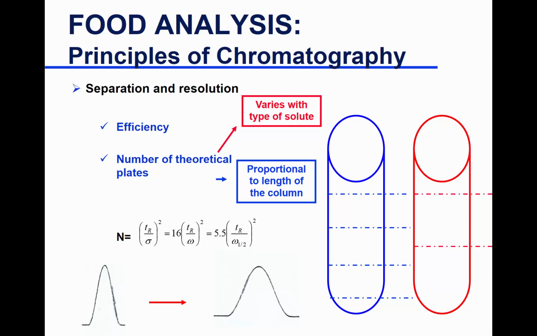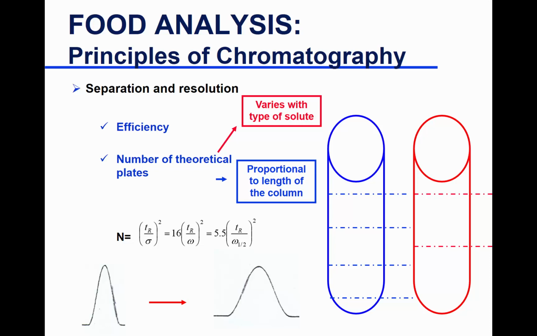So if we take that apparatus and convert it to a column, there are imaginarily divided sections in the column where continuous equilibrations are happening. Your column could be divided into imaginary compartments, where in each one there is equilibrium happening.